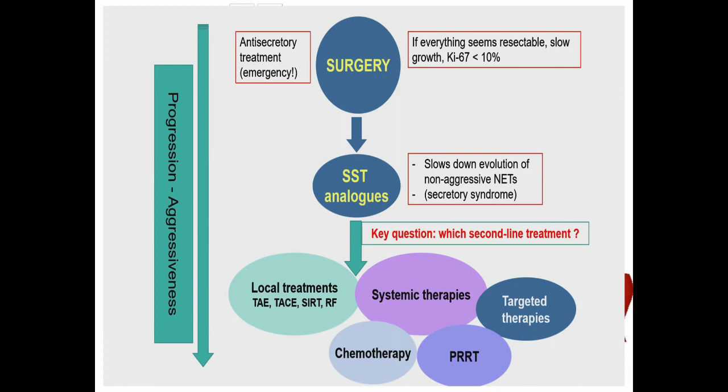But once these somatostatin analogs have failed, what should we do? And as you can see on the bottom, we have many treatment options, which make, by the way, the interest of this disease, because we have to choose between local treatments in the liver, systemic treatments, targeted treatments, and PRRT.